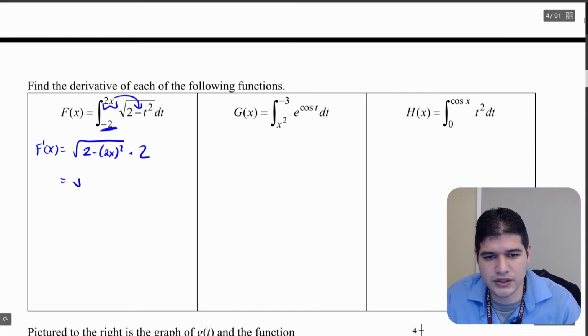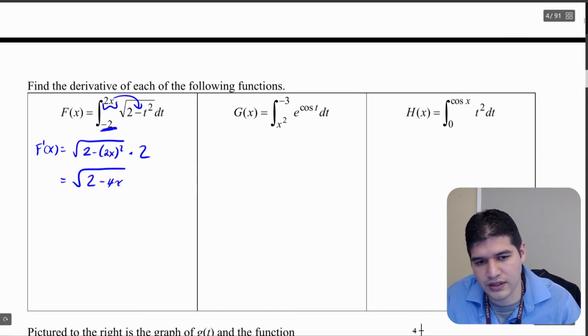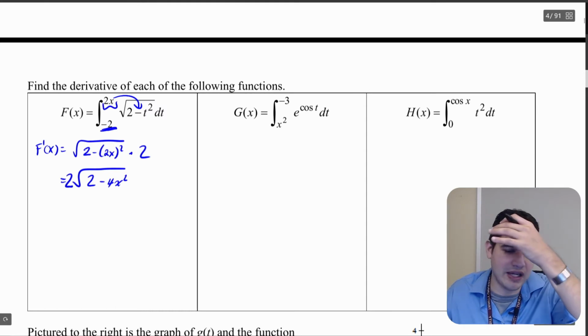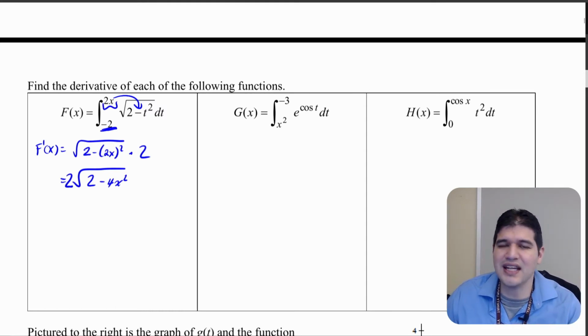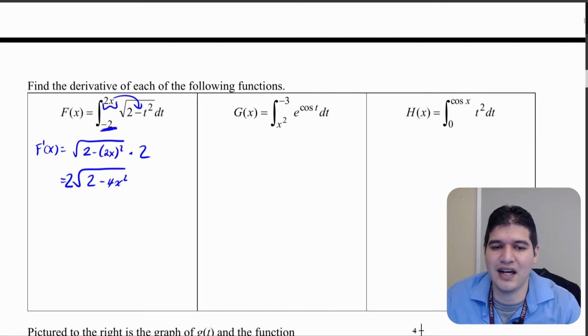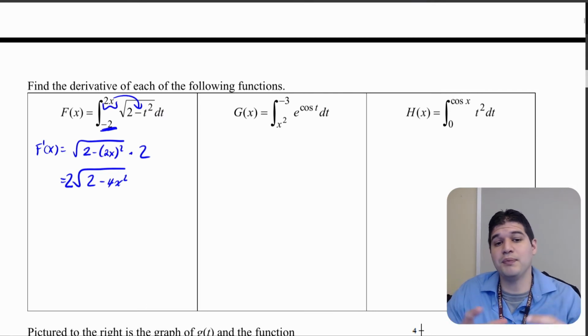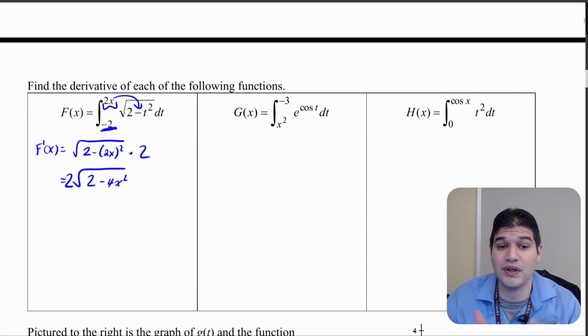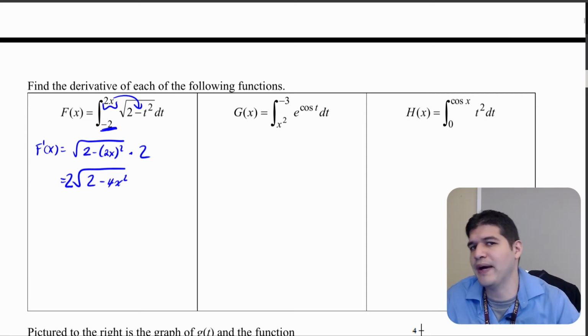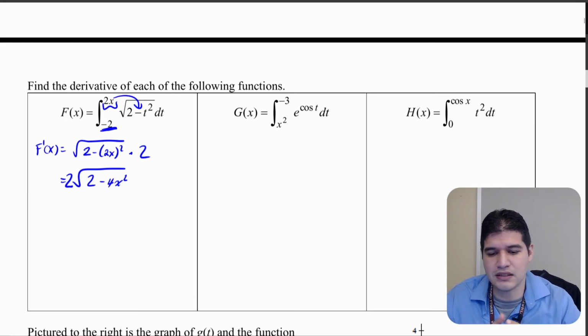So I get the square root of 2 minus 4x squared, and I'm just going to put the 2 in front of the radical. There's nothing I can really simplify inside of the radical, so this is my final answer. It gets us straight there. We don't have to deal with the radicals and use substitution, which you're going to learn about in this module. That makes it a lot simpler.